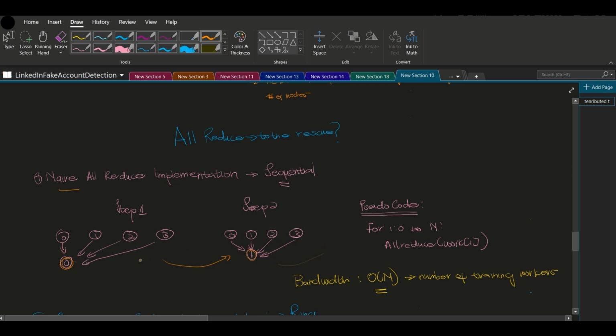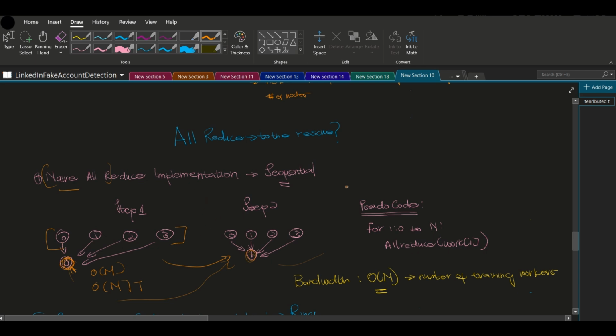But this is still bad, because each node has to receive O(n), since you're receiving all the parameters from all the nodes in the cluster. And this is going to be O(n) time, because it's sequential: after this, you have to go to another node and do the same thing. I think that's why they call it naive.